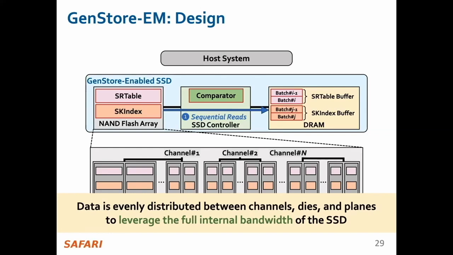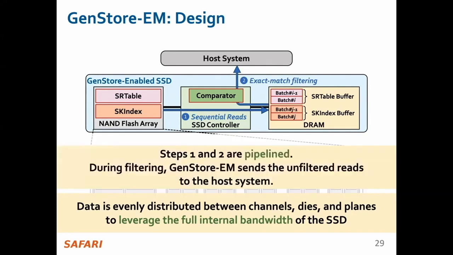Then step two performs exact match filtering within each read batch using simple comparator logic. Steps one and two are performed in a pipelined manner. That enables us, during filtering, to send the unfiltered reads to the host system for full analysis.